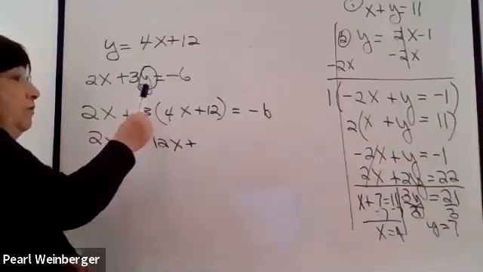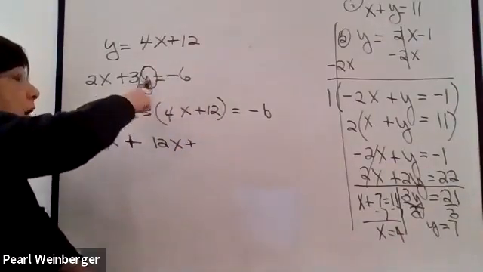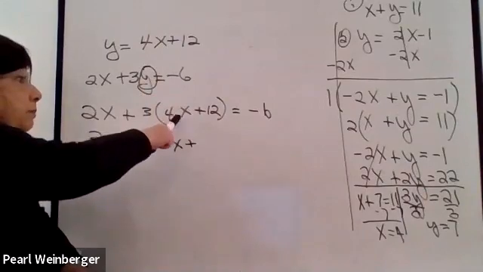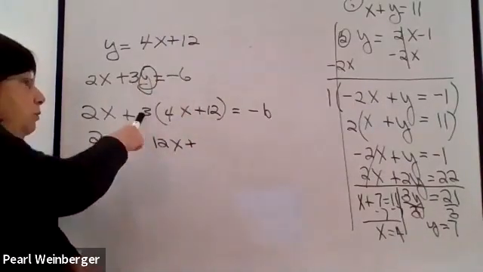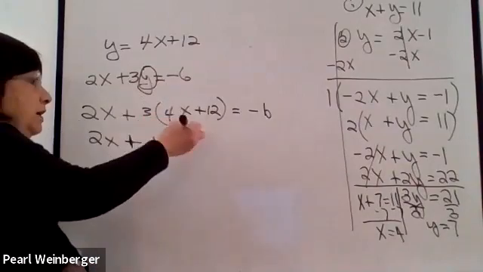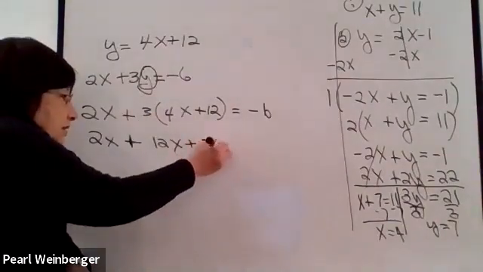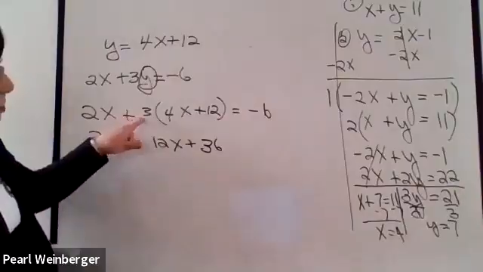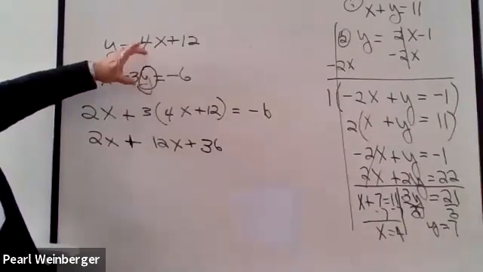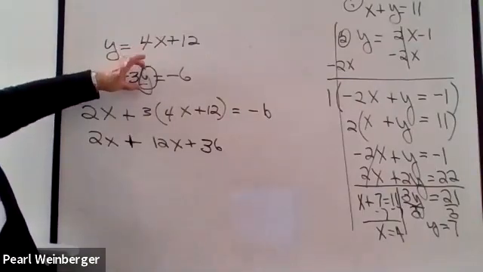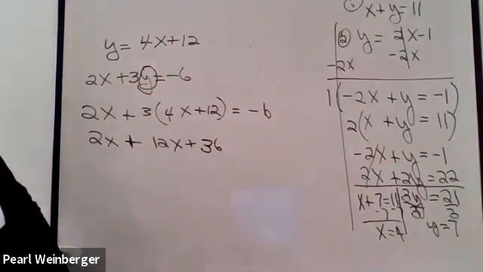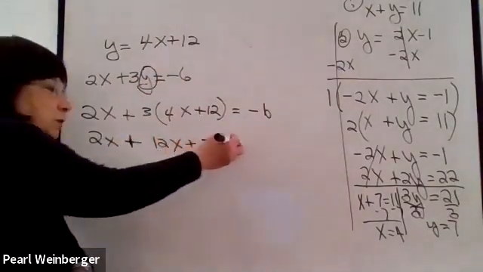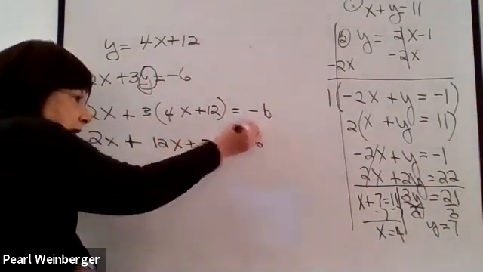Right. Don't forget, this y is being replaced by the 4x plus 12. So since it's 3y, I have to multiply everything by 3. So this becomes a 36 as well. That's why I put it in parentheses, because this thing is a unit. I'm replacing it by the unit 4x plus 12. And now we use the distributive property. Okay, now go.